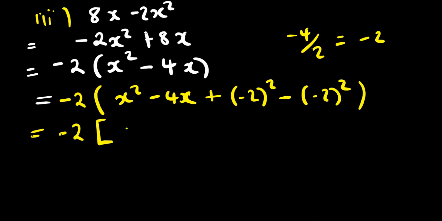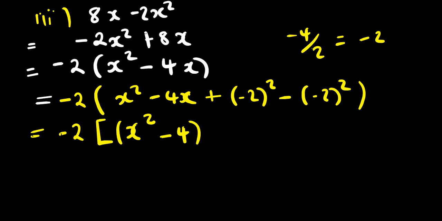So we'll have x squared minus 4, because this is squared already.